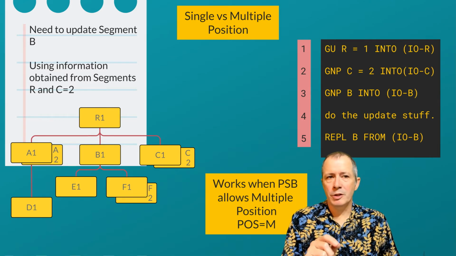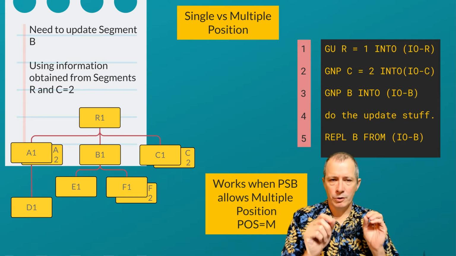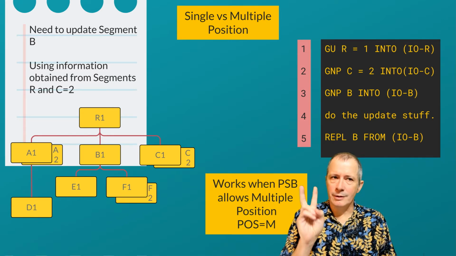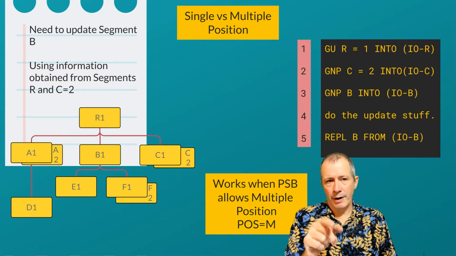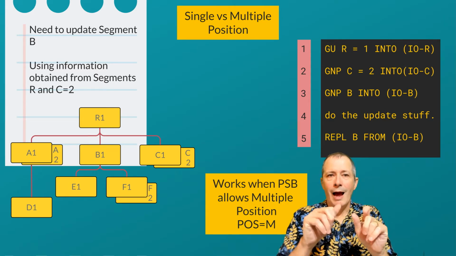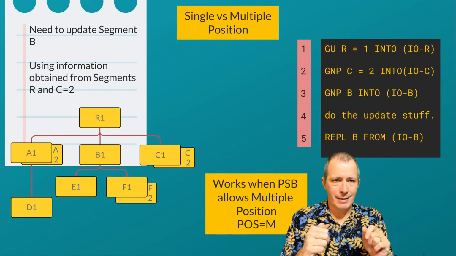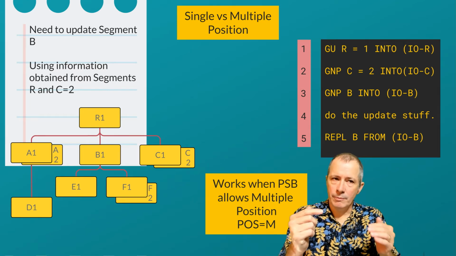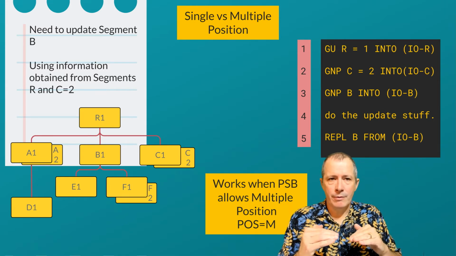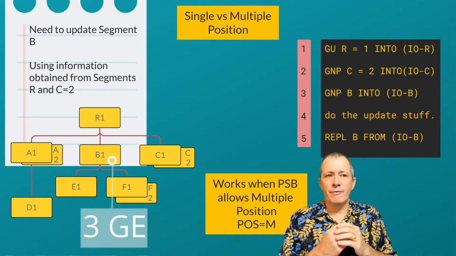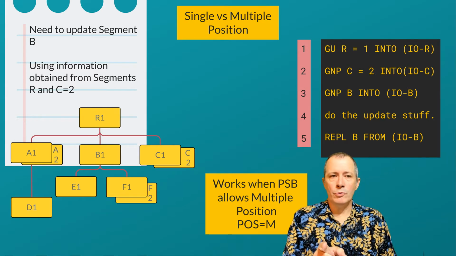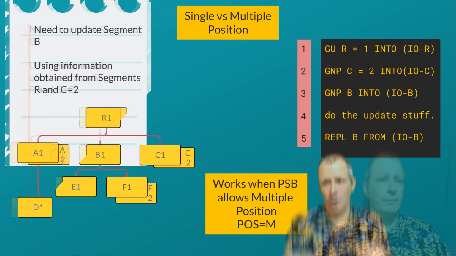And this worked for position equal M, but not for position equal S. The reason it does not work for single position is the second call, get next within parent C equal to, puts the position on C2, which is after segment B. Thus, when step 3, get next within parent B, is issued, that call would get a GE for a single position in the PSB. But these calls work when multiple positioning is turned on.